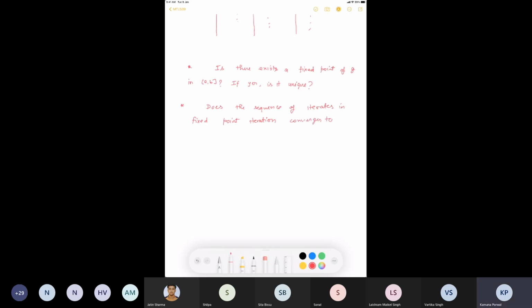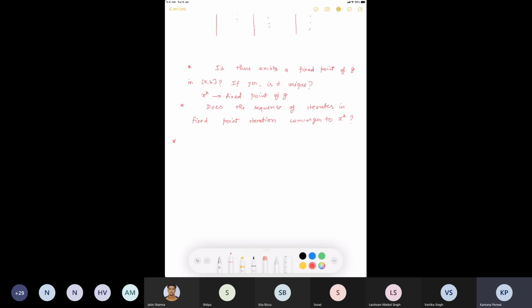So if I call the fixed point x star, suppose we have answered the first question and we could get hold of the fixed point of g. Then the second question is whether the iterative sequence converges to x star or not. And suppose we could answer the convergence part also, that is to say the sequence xn converges to the x star. Now what is the order of the convergence?